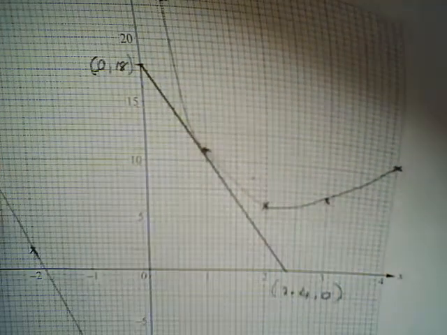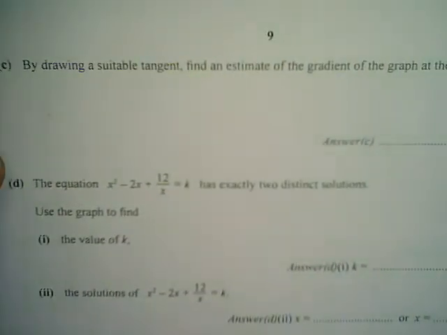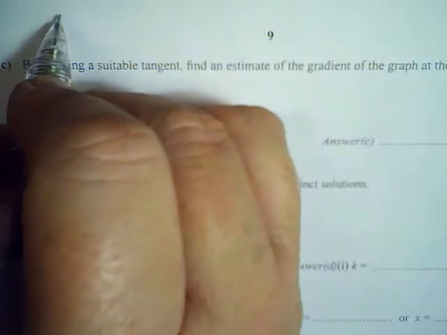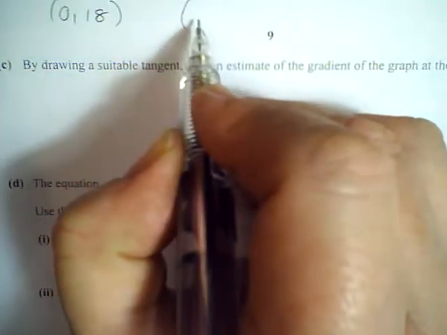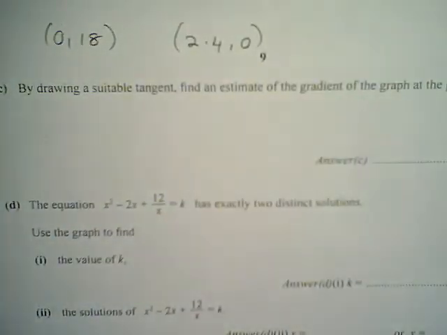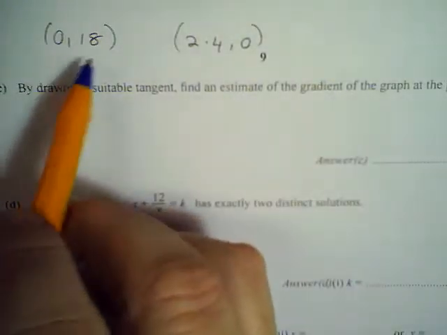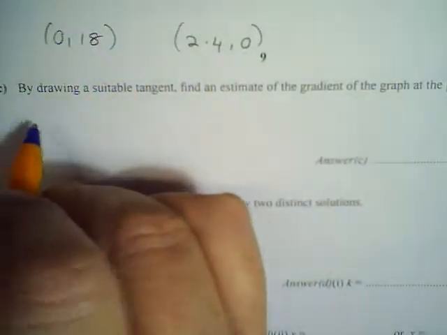Okay, so those are the 2 points that I'm looking at. So I'm going to find this gradient by using suitable points. Let me write the points down here, 0 and 18. And I had 2.4 and 0. It makes sense to use those values with x coordinate as 0 and a y coordinate as 0. It makes things just a little bit easier.